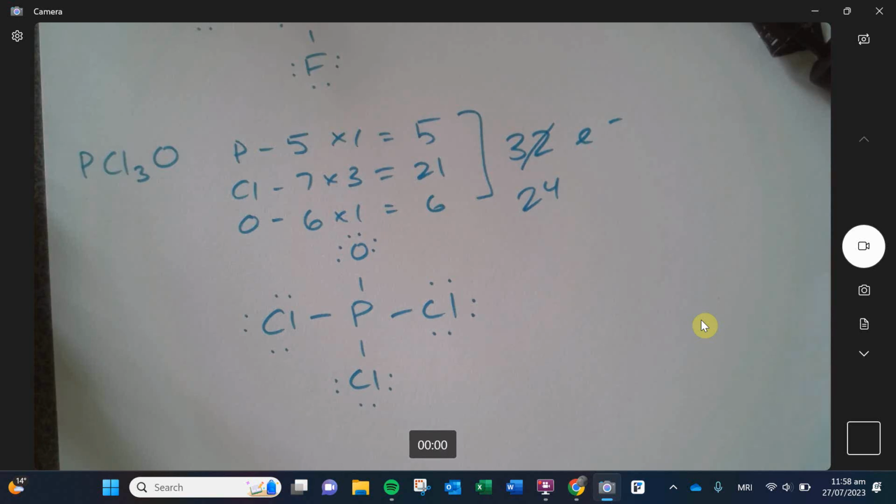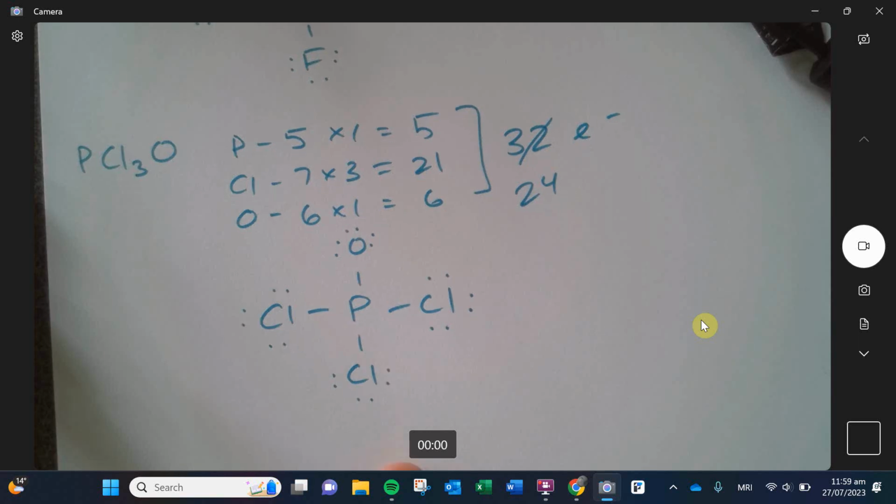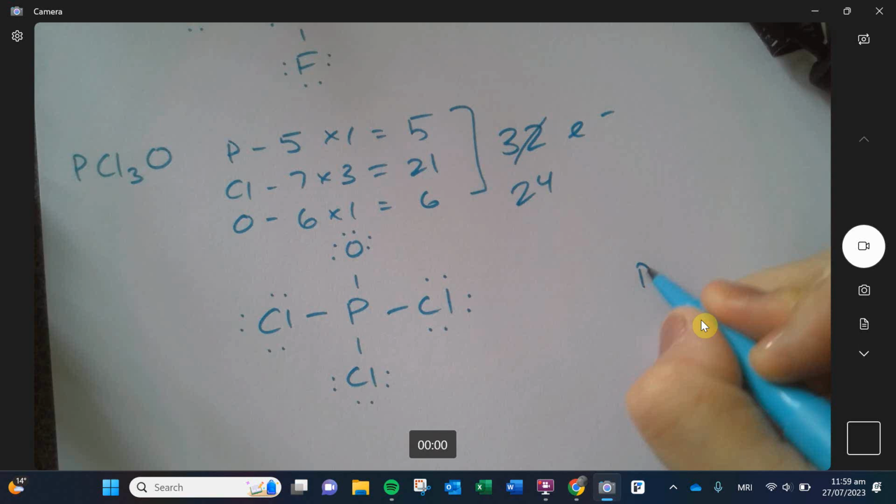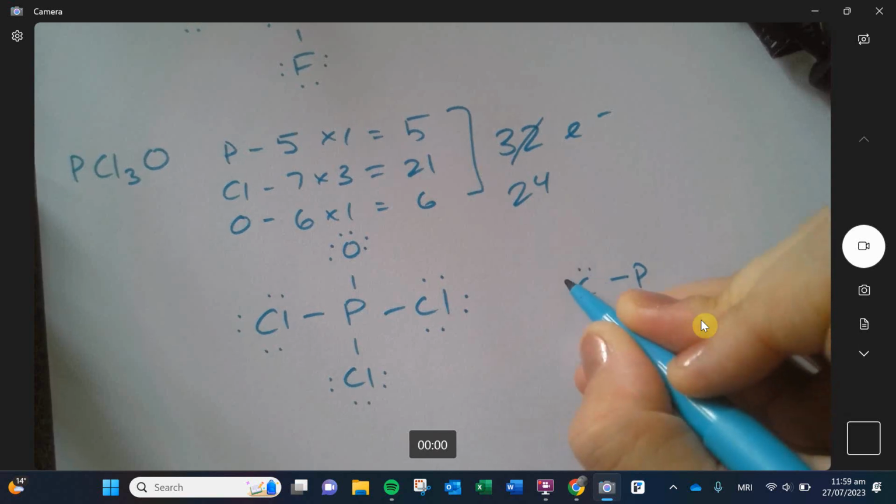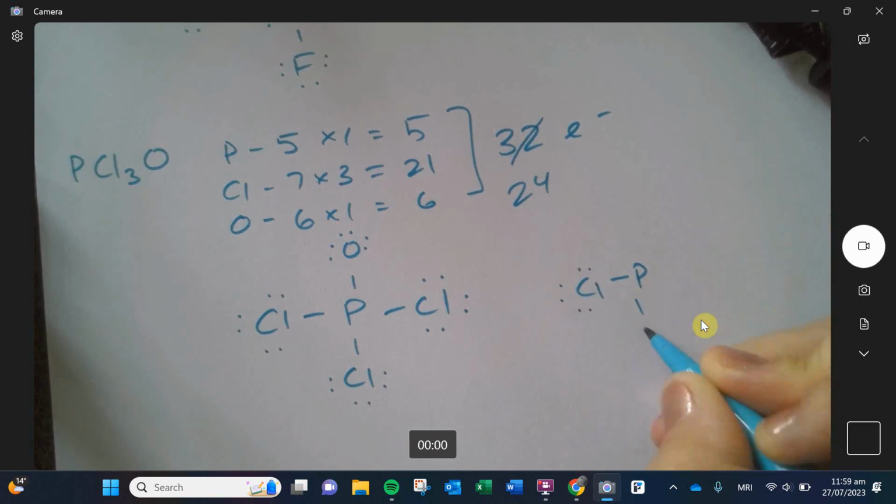I do want you guys to keep in mind, phosphorus is stable right now. It has 8 electrons. Do be mindful that some of these molecules, especially these larger molecules, can have multiple different setups that are all correct. If you had Googled this molecule, you would actually often find it like this.